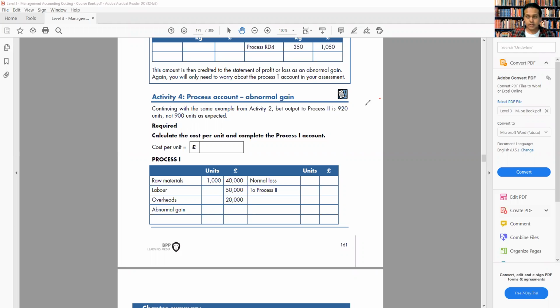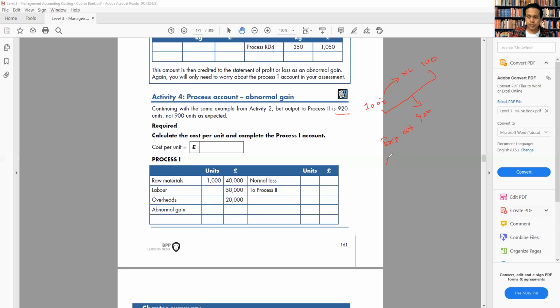From 1000 unit, we have expected loss, normal loss 100. So our plan was we're going to actually make 900. That was my expected output, isn't it? But the actual result we can see is 920, isn't it?